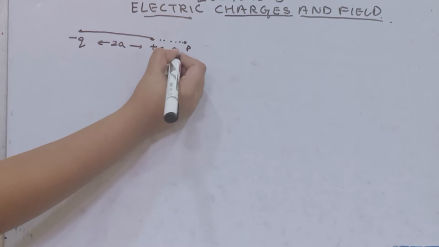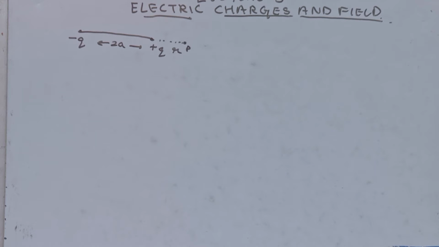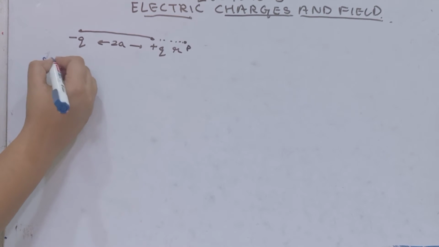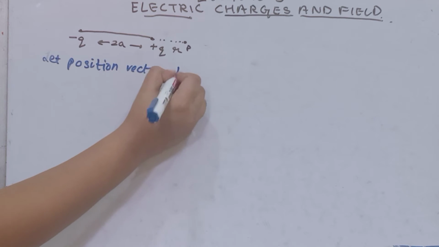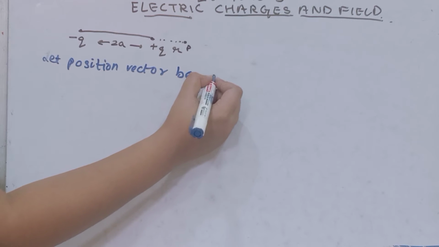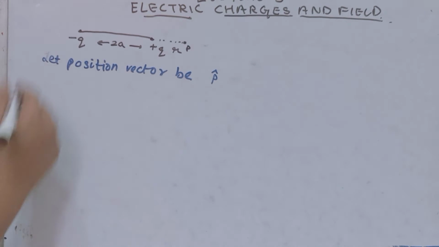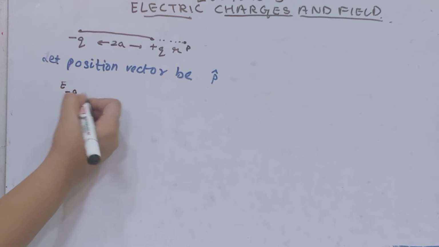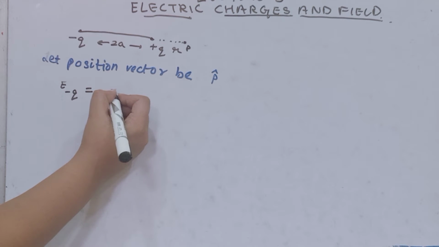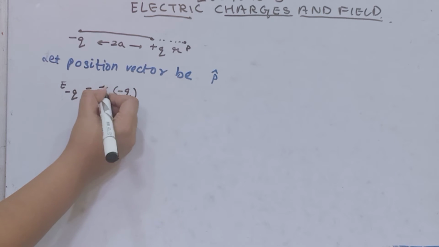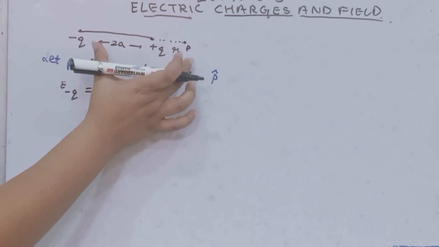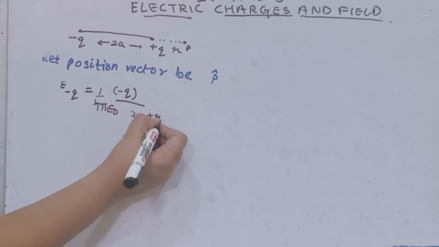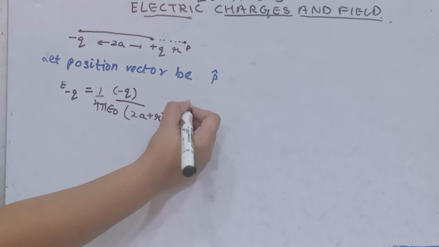Let this distance be r, and now we have to find the electric field, and let the position vector be represented by say p cap. Fine. So now the electric field due to minus q will be minus q, k is 1 upon 4 pi epsilon naught, and this distance is 2a plus r whole square, into p cap.